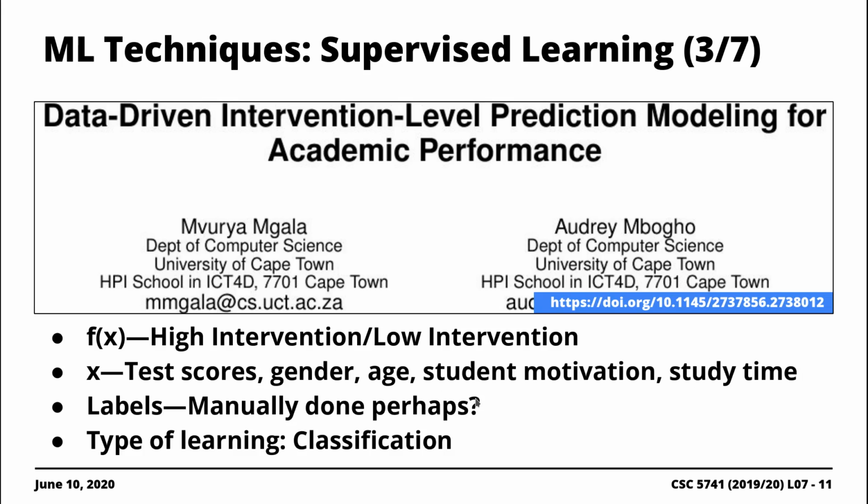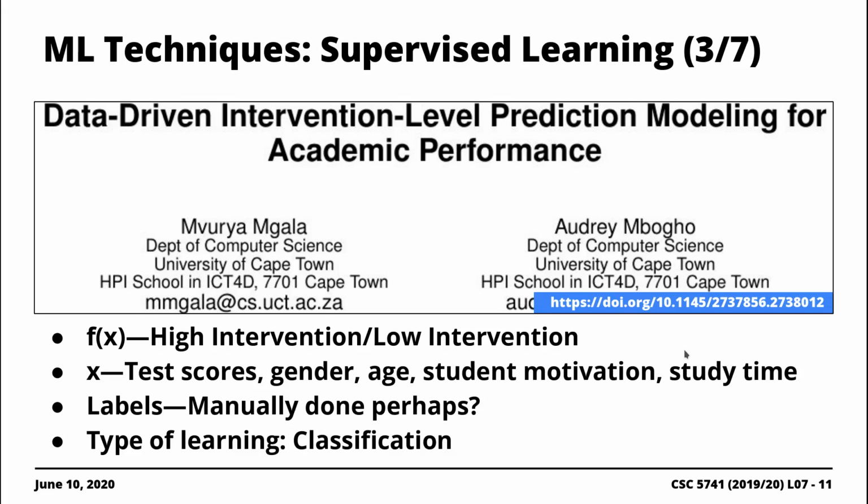Now, if you read up the paper itself, what you appreciate is that some of these X's are a bit questionable, right? Questionable in the sense that some of them are more subjective, right? So think about this for a second. You go out there and you ask a grade 5 or a grade 6 who is about to write grade 7 exams, right?